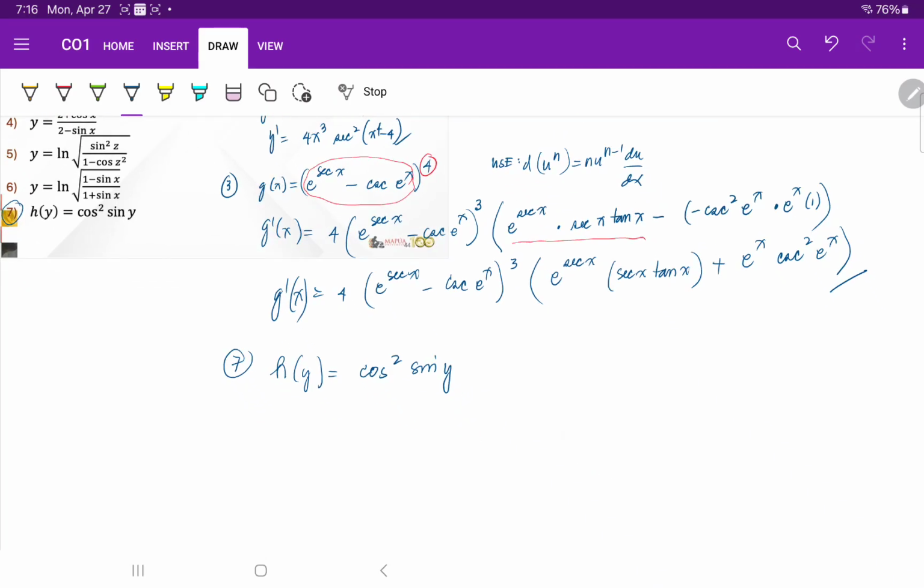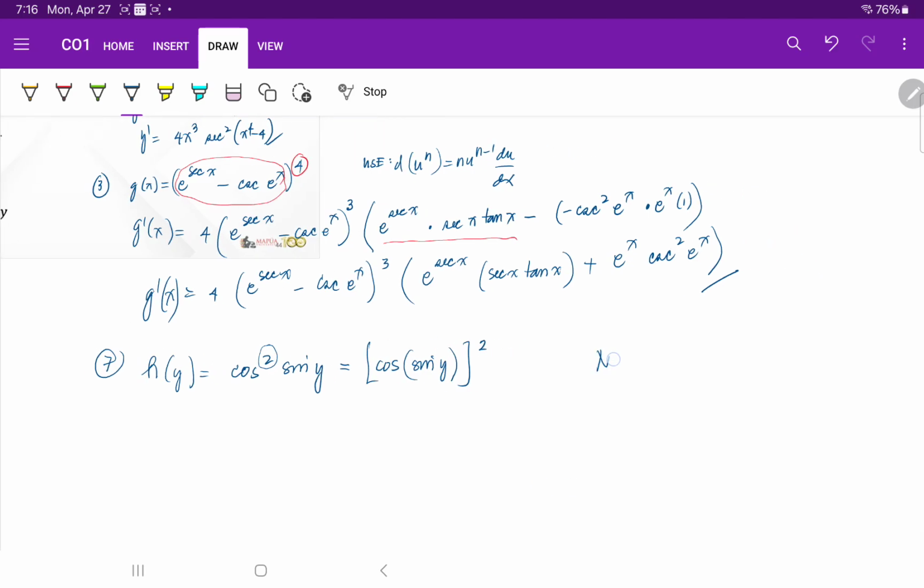So take note that for this one, we don't have a formula when this is squared. So we could write this actually as, hold on, cosine of y, sorry, it's cosine of sine of y is squared.